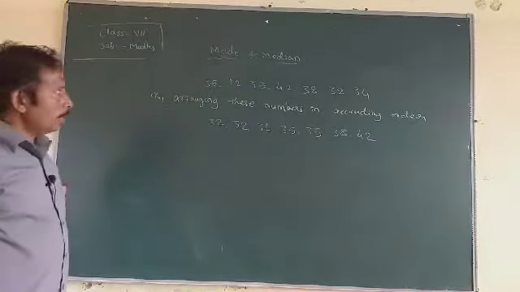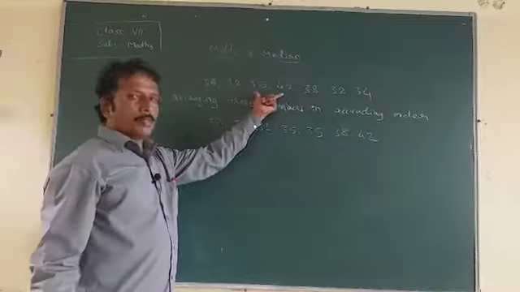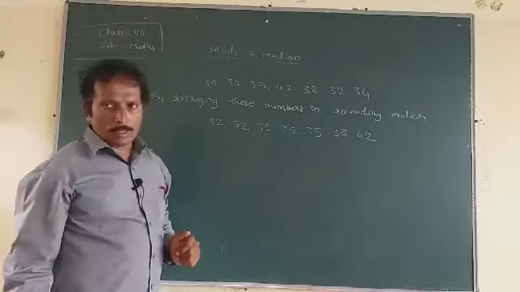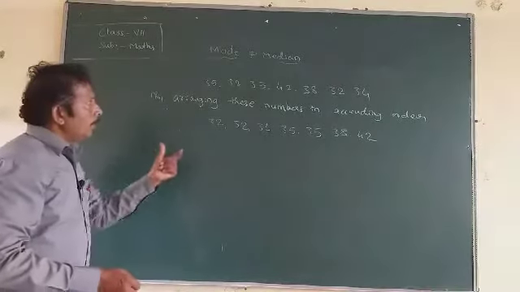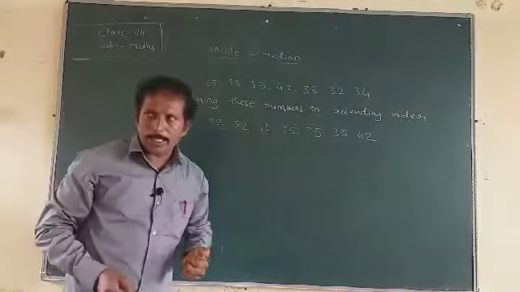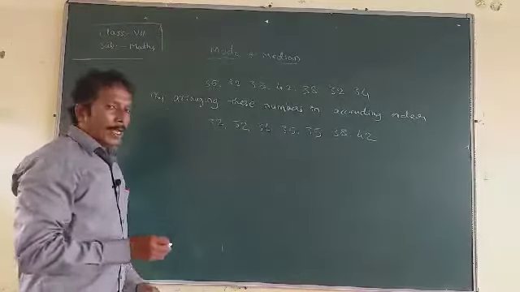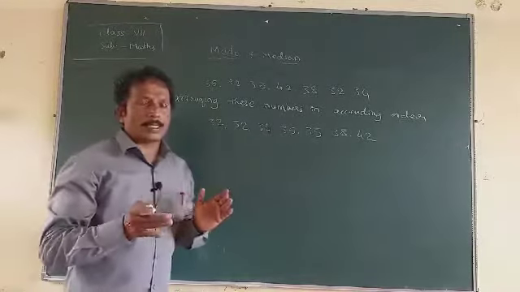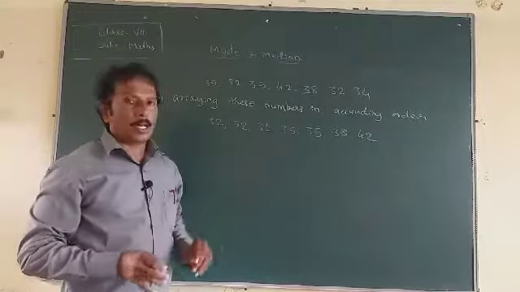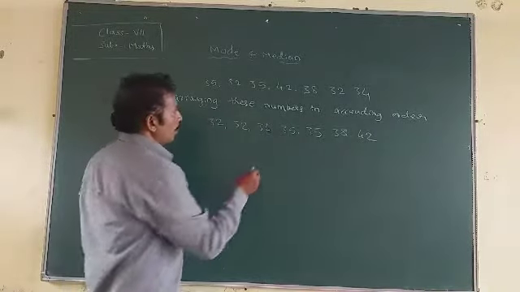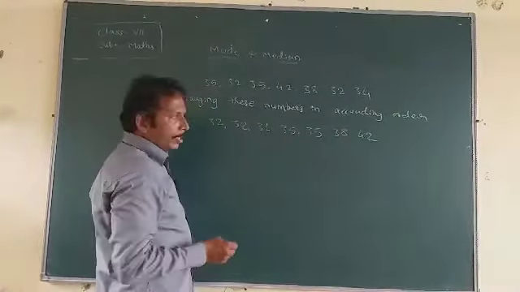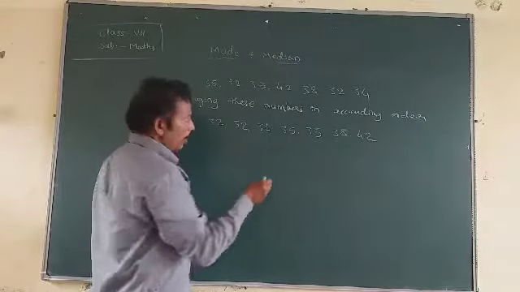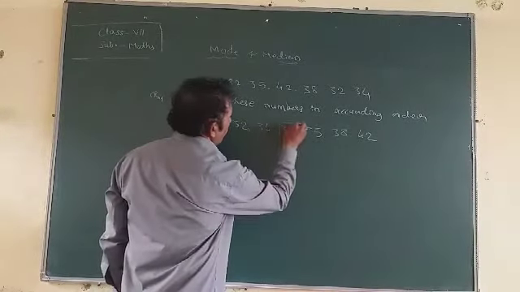What we have done here? We wrote the given observations in the increasing order. When we write the given observations in the increasing order, find which is lying in the middle. Now see here, which lies in the middle in this list? Yes, 35.